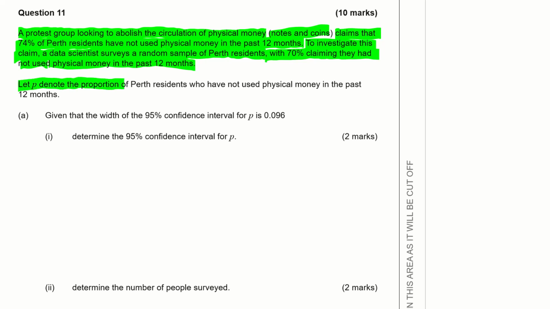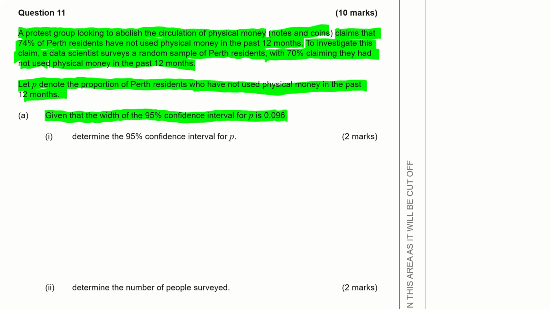Let P denote the proportion of Perth residents who have not used physical money in the past 12 months. Given that the width of the 95% confidence interval for P is 0.096, determine the 95% confidence interval for P.